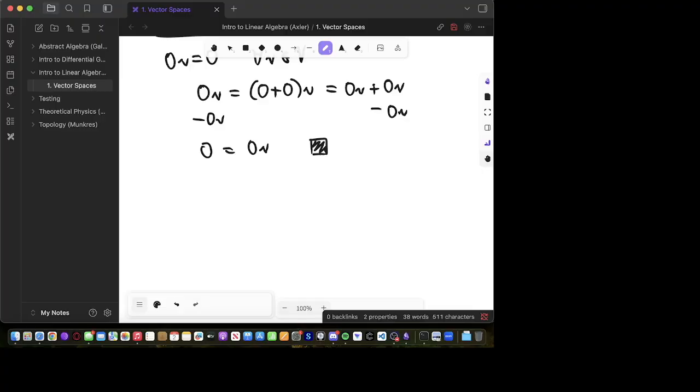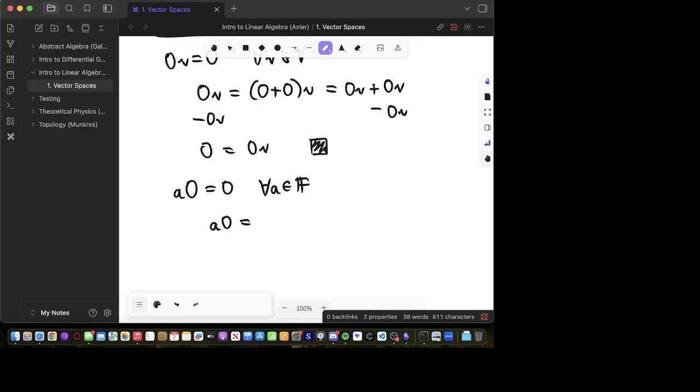Furthermore, if we have the vector 0 and we multiply it by a scalar, a times 0 equals 0 for all a in F. So no matter what number you multiply the additive identity by, it still remains the additive identity. And the way we prove this is we consider a times 0.